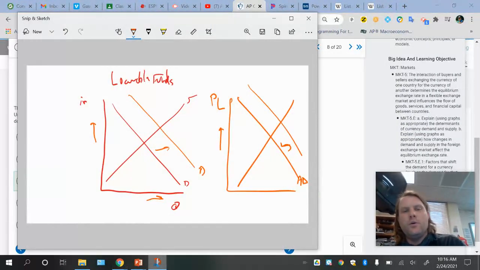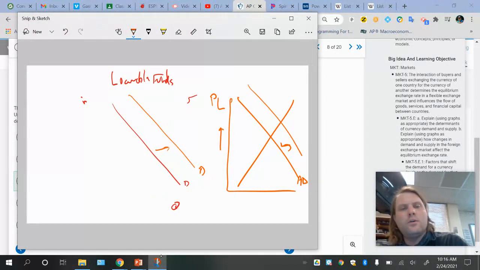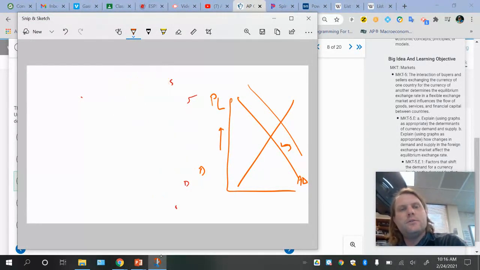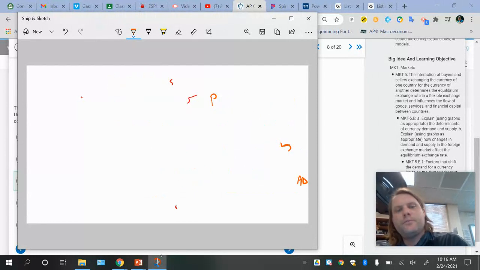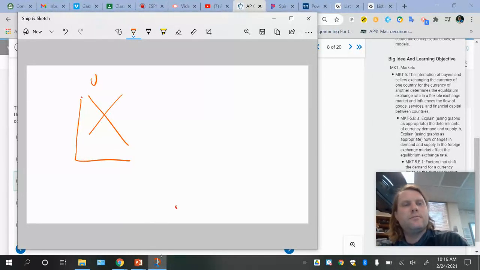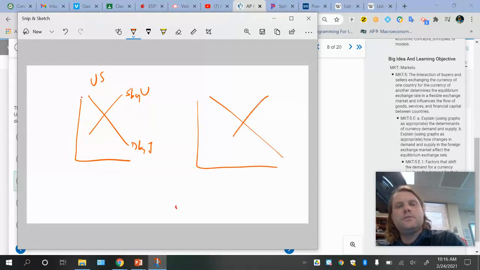Here's what we know. We know that we're going to buy more Japanese automobiles. So when we draw that, here's the U.S. Here is the supply by US, demand by Japan, and here's Japan's graph.